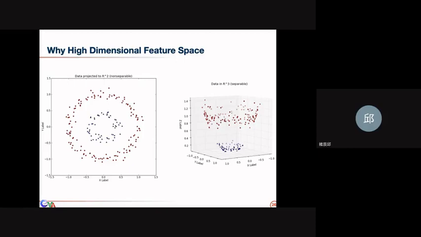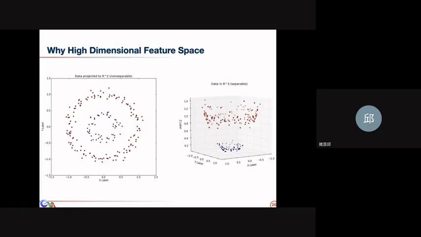But now, if I try to map this data set into a little bit higher dimensional space, for example, 3-dimensional space, from my 2D data space into a 3D feature space, it might end up with such feature representations.